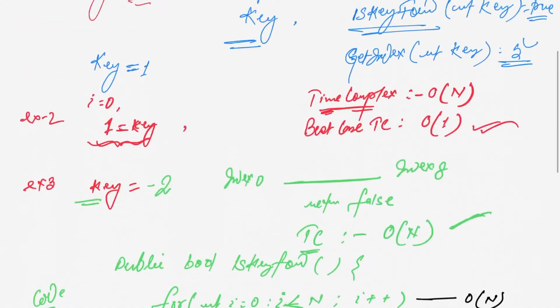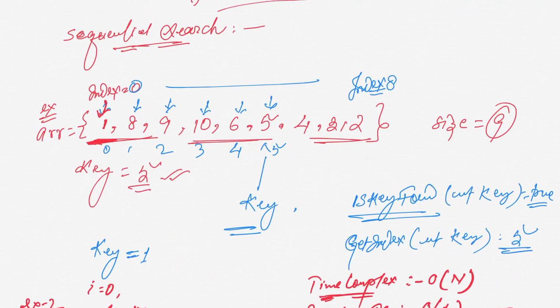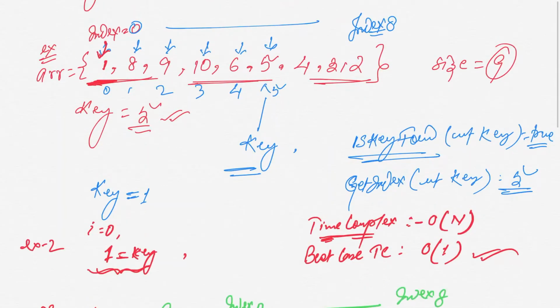So it's pretty simple and easy to understand linear search. We can apply linear search in a list or any data structure, looping from a low index to a higher index.